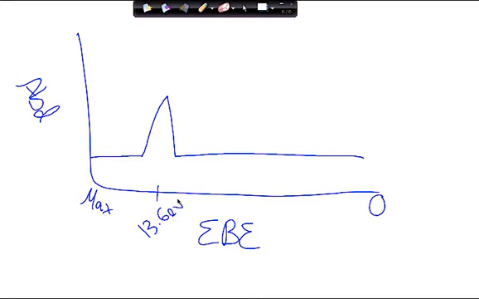So guys, that is what the PES representation of a hydrogen atom looks like. It tells you that all the electrons in a hydrogen atom have an electron binding energy of 13.6 electron volts, and that's what hydrogen would look like. You get the idea?